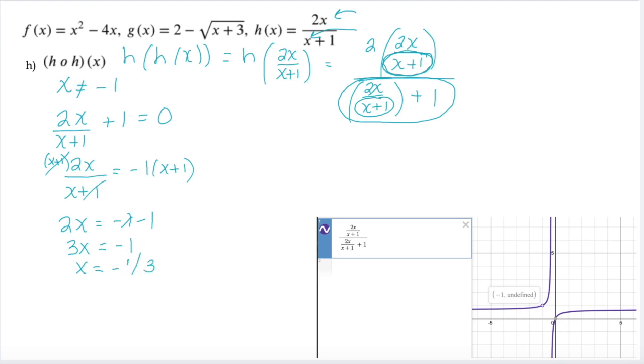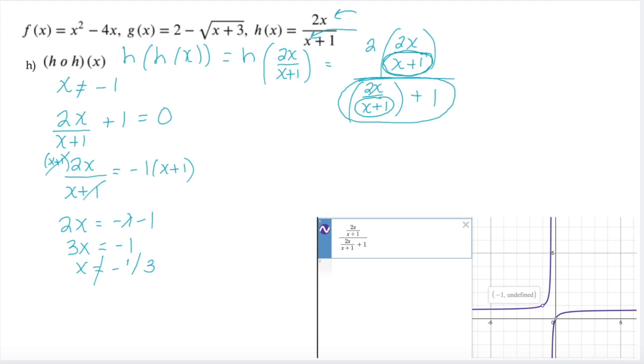We don't need to use a table of values at this point because there's only two locations where our graph cannot be, with zeros in our denominators.